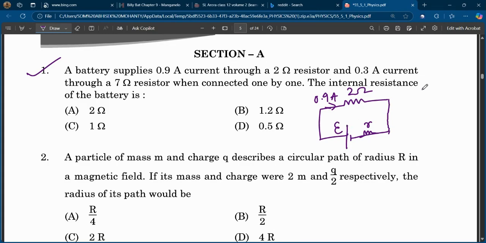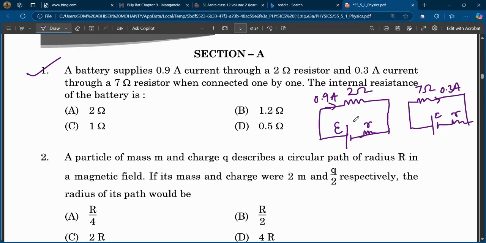This is the first case. Second case, 0.3 ampere current through a 7 ohm resistor. Again, this is the battery, this is the internal resistance of the battery. So these are the two equations, we just have to solve them.